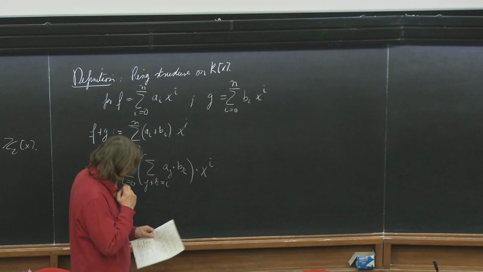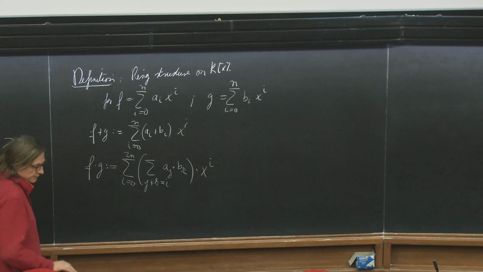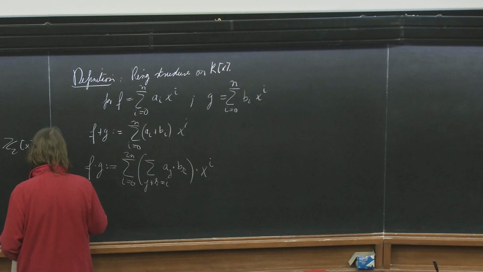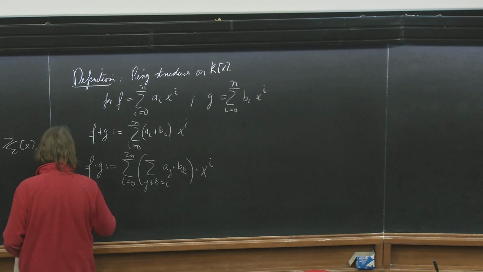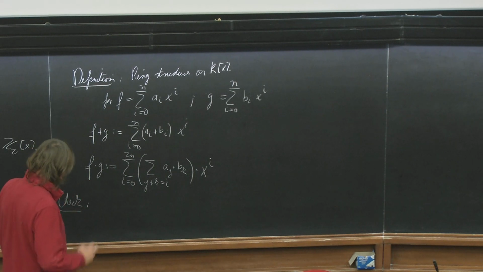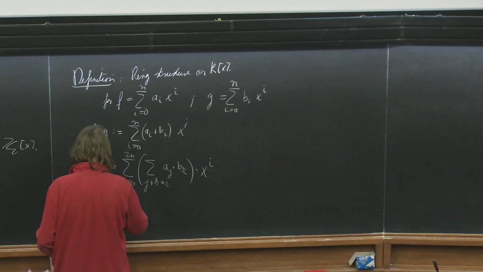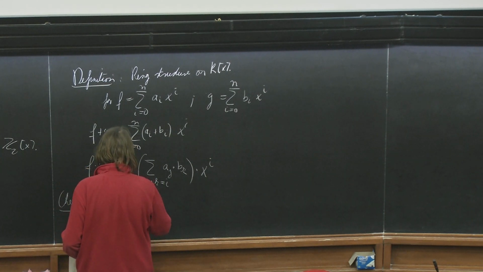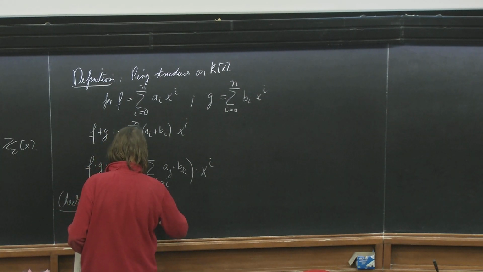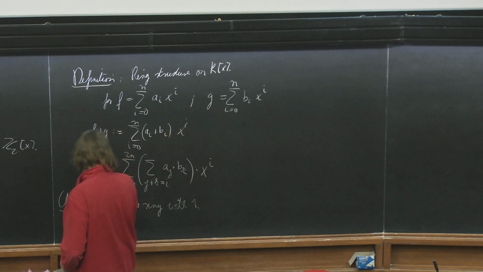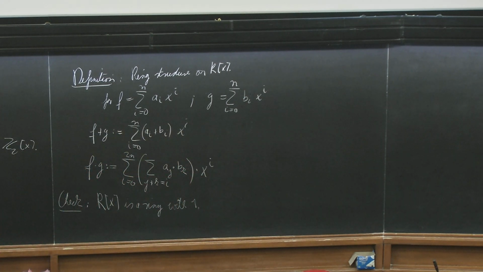Okay. So now, with this definition, you can check, this is an exercise just in the definitions, that R[x] will be a ring with 1, so a unitary ring with this definition.